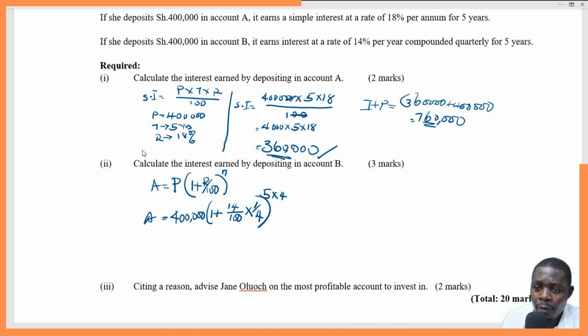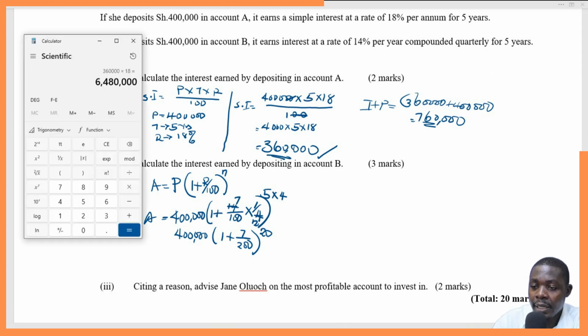Now we can evaluate. 2 here can be 2, 2 here 7. In that case, we can have 400,000 into 1 plus, if we multiply, it's going to be 7 over 200, raised to 4 multiplied by 5, you get 20. In this case, we can divide 7 divided by 200.